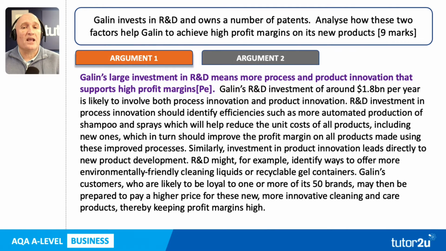And similarly, investment in product innovation leads directly to new product development. How? Well, R&D might, for example, identify ways to offer more environmentally friendly cleaning liquids or recyclable gel containers. Galen's customers, who are likely to be loyal to one or more of its 50 brands, may then be prepared to pay a higher price for these new, more innovative cleaning and care products, thereby keeping profit margins high.